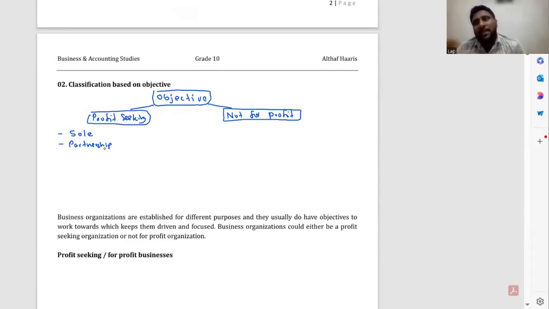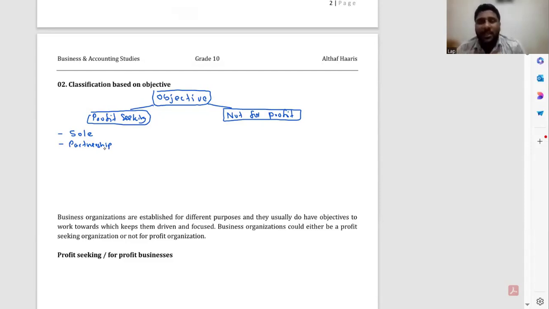Or you are an accountant, and your friends are accountants, and all of you open a small accounting firm. That's a partnership business. Or you are a lawyer and three of your friends are lawyers, and you all start a small law firm. Like that, you can start partnership businesses also.